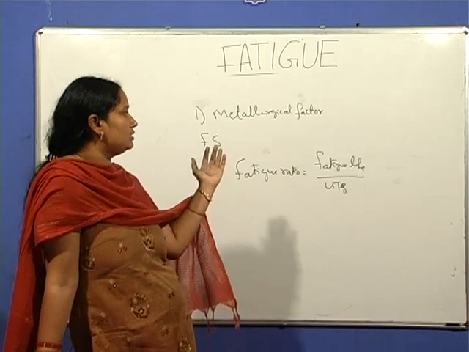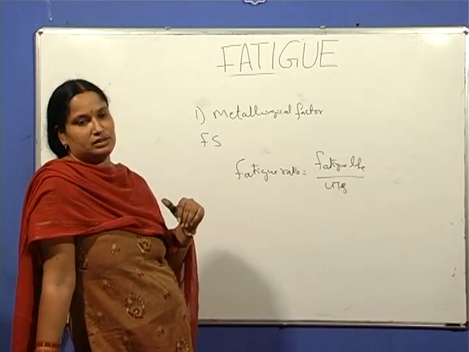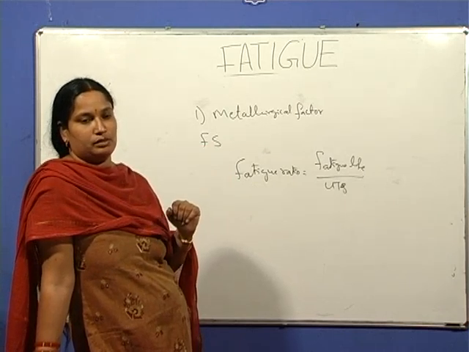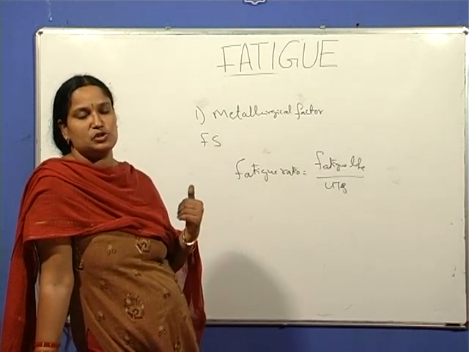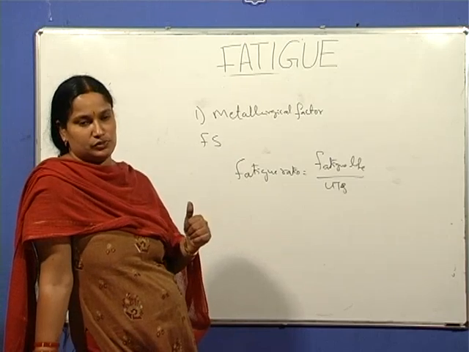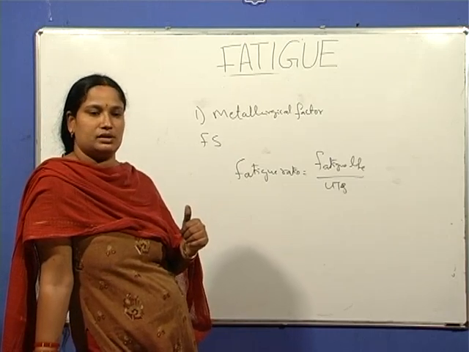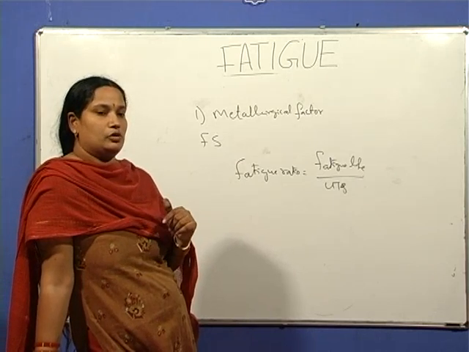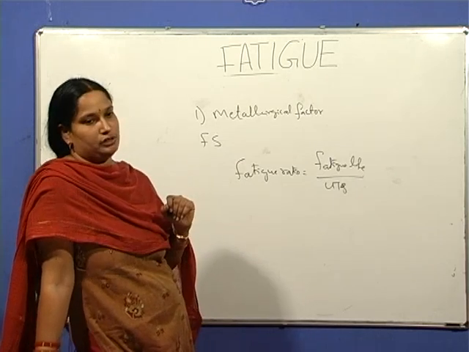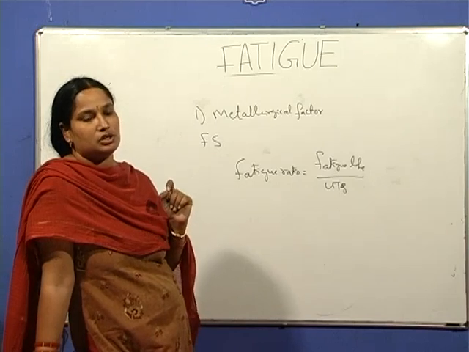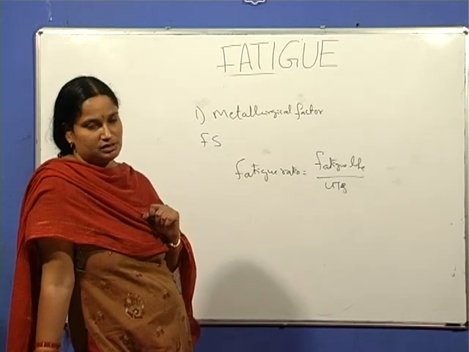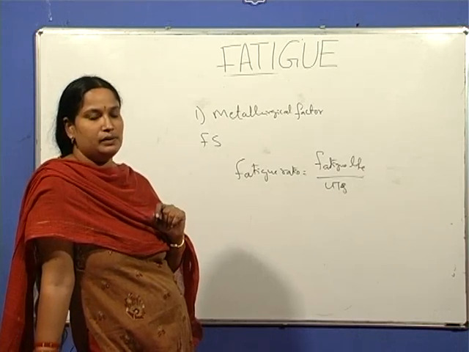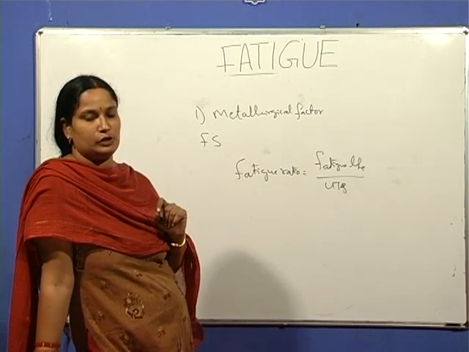It depends to a greater extent upon the microstructure, because fatigue strength is more sensitive to structure when compared to tensile properties. So stacking fault energy is one of the metallurgical variables which controls the fatigue strength of the material.